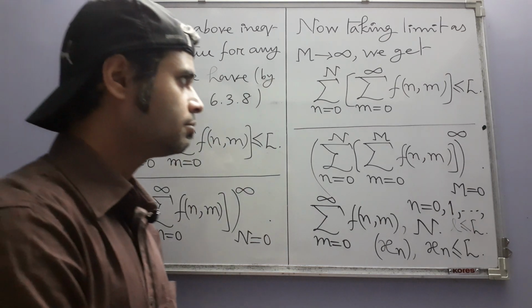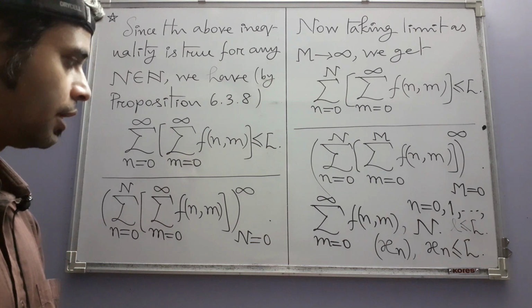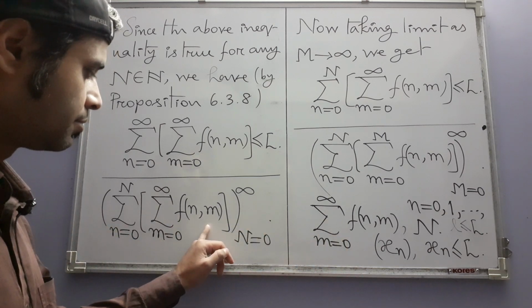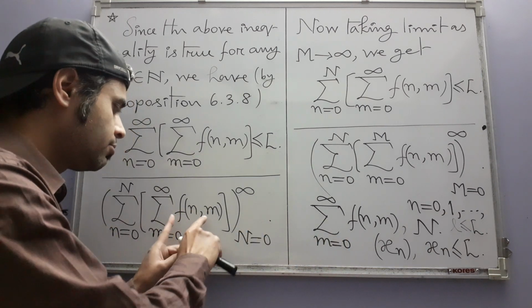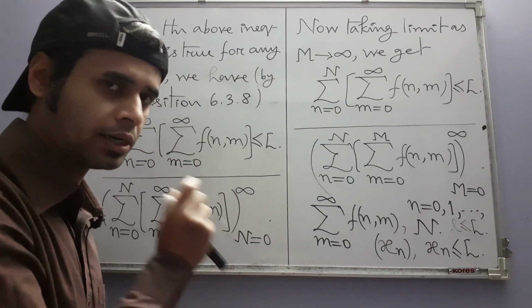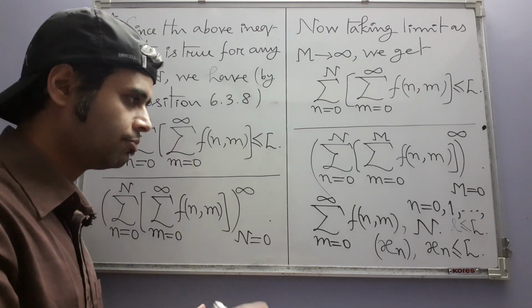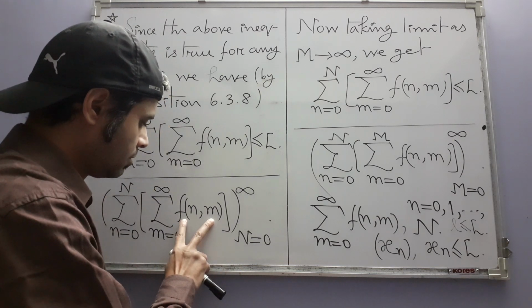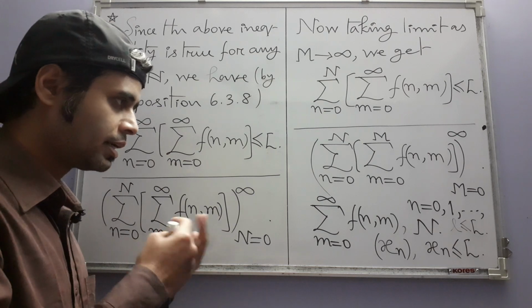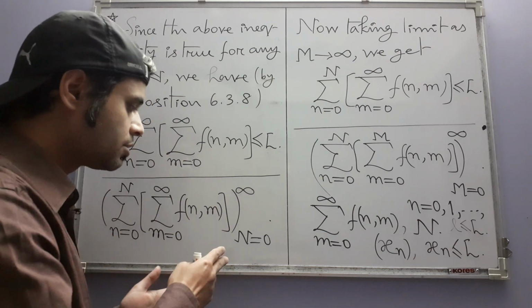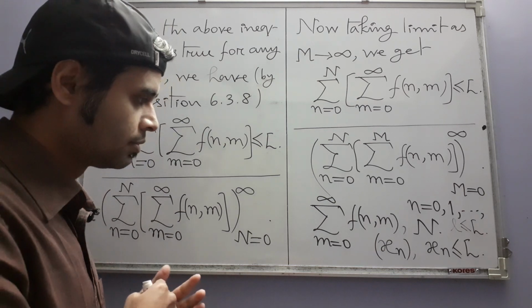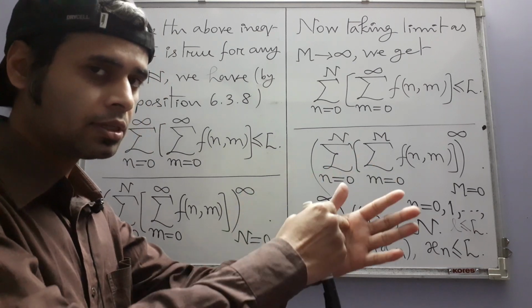Okay. Now what about the inner series? The inner objects, the functional values f n comma m, are non-negative. We are still under that restriction. So they give rise to a series of non-negative terms whose sequence of partial sums, because of this non-negativity, becomes a monotone increasing sequence.